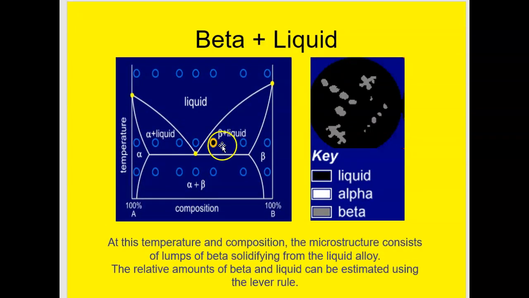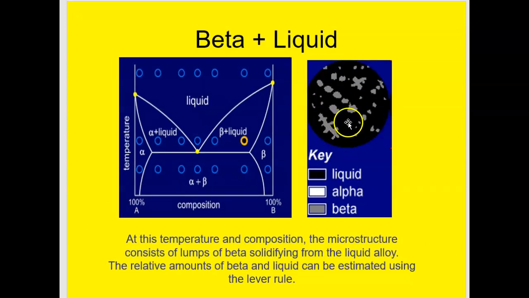Now, if I move here, then that will be a beta plus a liquid, and the microstructure will look like that. The gray things are the beta, the black is the liquid. If I move from this point to that point, what will actually happen is there will be more of the beta and less of the liquid.